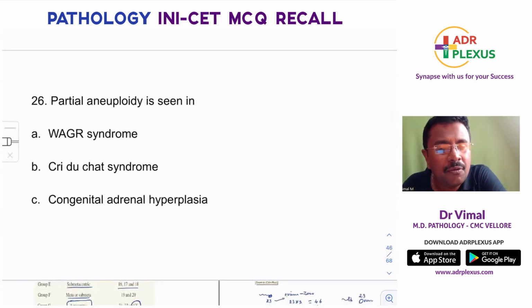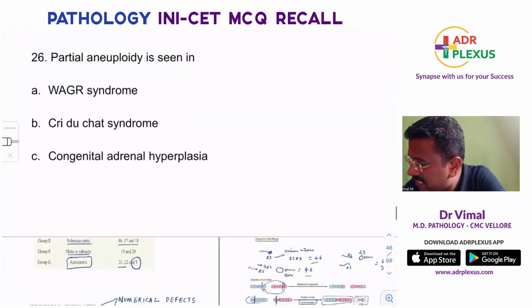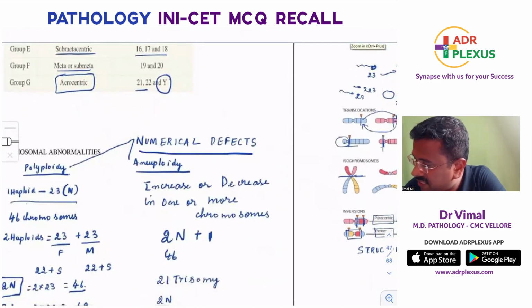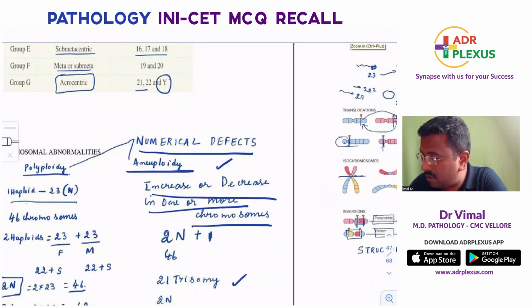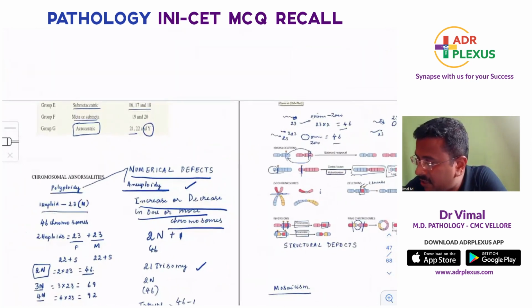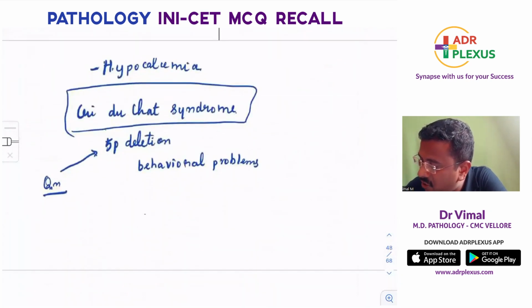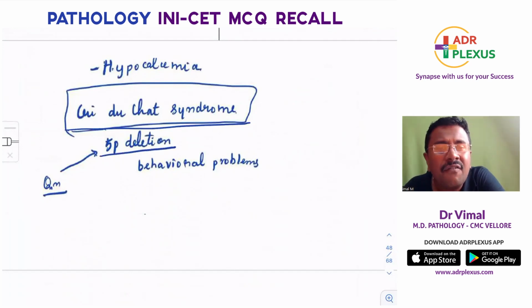Then, partial aneuploidy is seen in, yes, we have discussed a lot about this aneuploidy in our workbook-based sessions, and also we have come to know that aneuploidy is nothing but a numerical defect. Aneuploidy means an increase or decrease in one or more chromosomes. So it can be a trisomy or it can be a monosomy. We have also discussed about Cri-du-chat syndrome. And we saw that in Cri-du-chat syndrome, there is a 5p deletion.